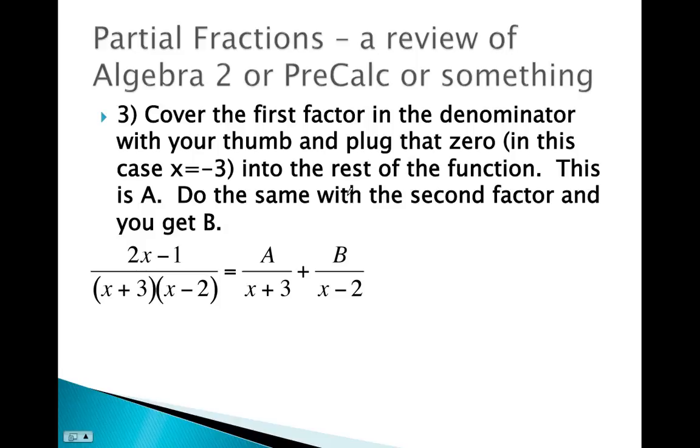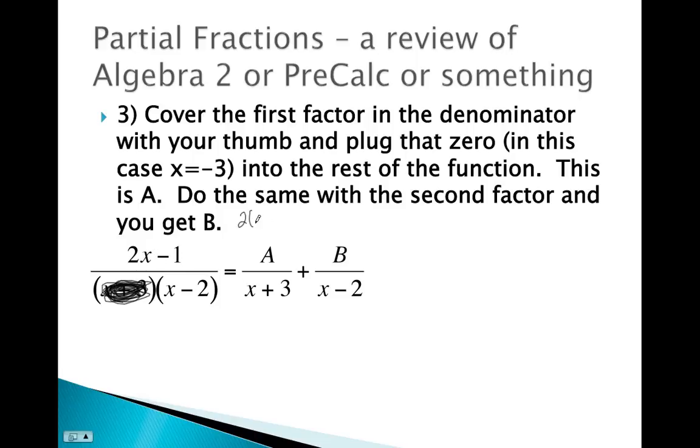What you're going to do is look at the first factor, the x plus 3, and cover it up with your thumb. Now, I can't show you that here because you wouldn't see my thumb touching my computer screen. That would just be weird. But let's just cover it up like this. And what we do is plug in the 0 of that factor. So x plus 3, what makes that 0 is negative 3. I plug in negative 3 everywhere else.